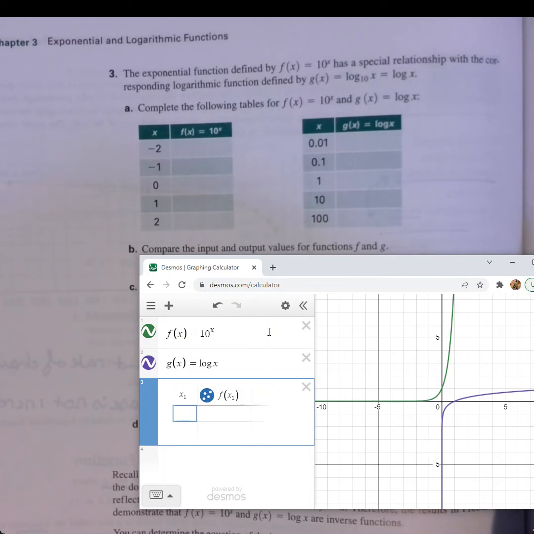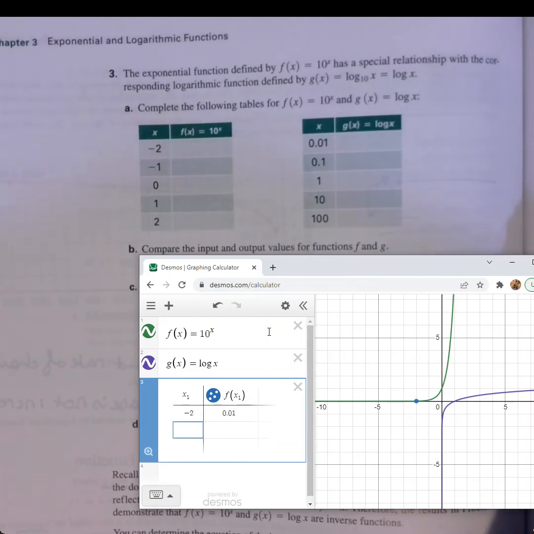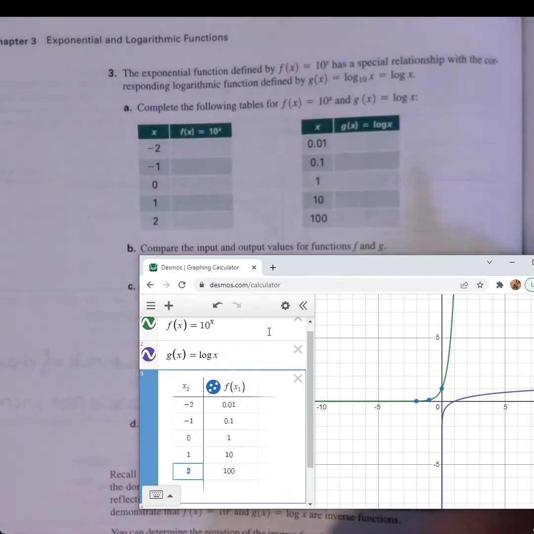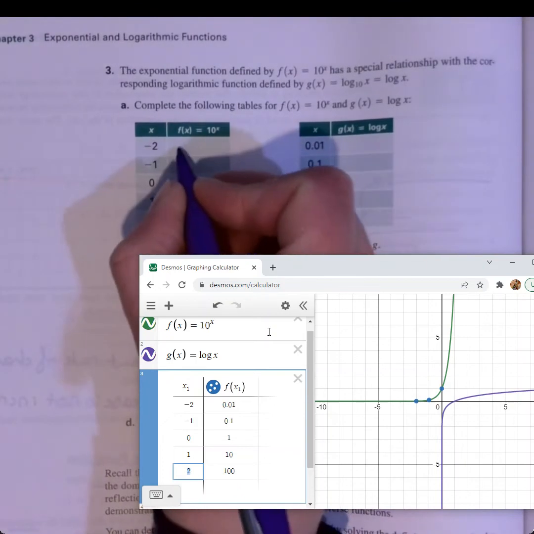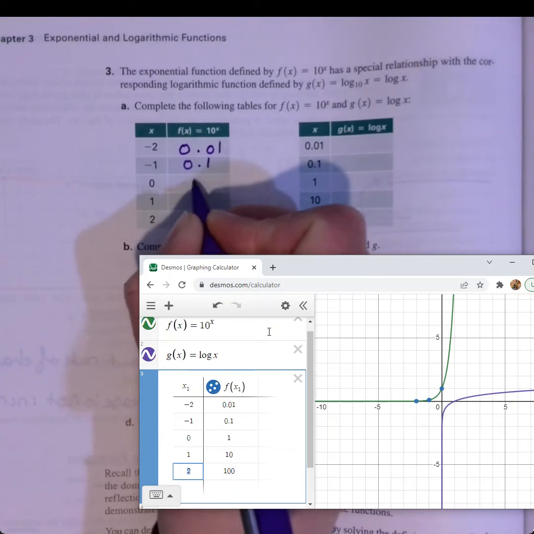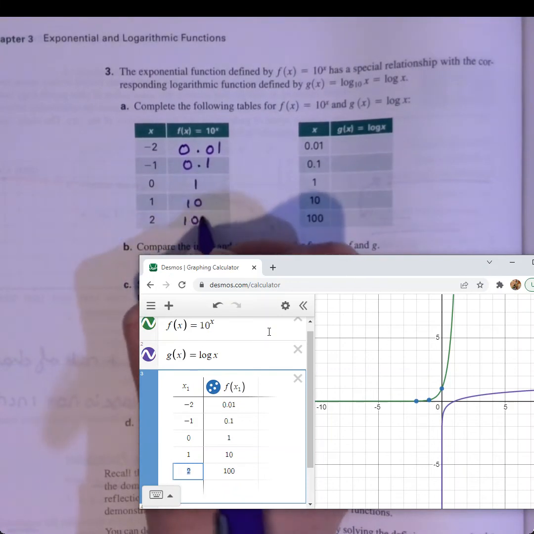And we're going to plug in -2, -1, 0, 1, and 2. So these numbers are going into the function 10 to the x. So 10 to the -2 is 0.01, then 0.1, then 1, then 10, then 100.